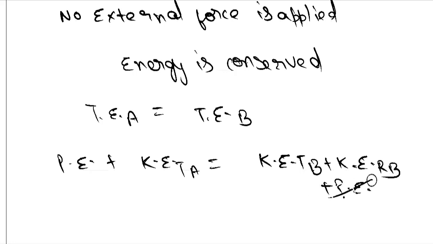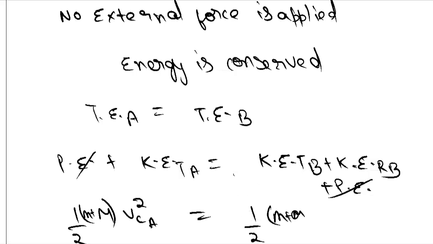Both the potential energies are equal, so these cancel out. The translational energy in case A is half m v center of mass of A squared, where total mass m is small m plus capital M. The translational energy in case B is half of small m plus capital M into v center of mass of B squared, plus half I of disk into omega squared, since the rotational kinetic energy is due only to the disk.